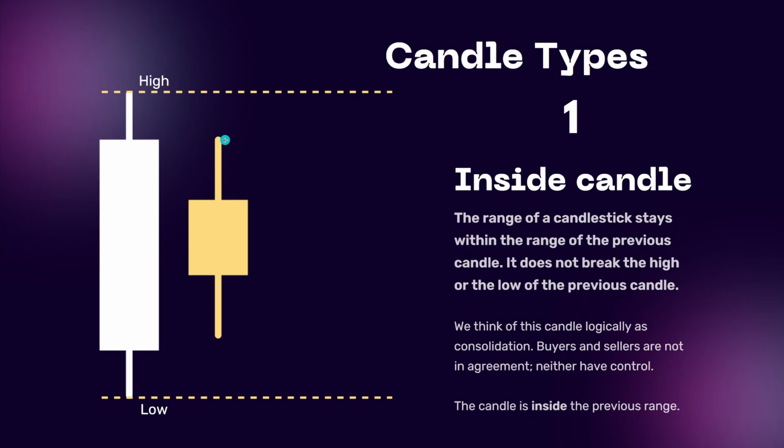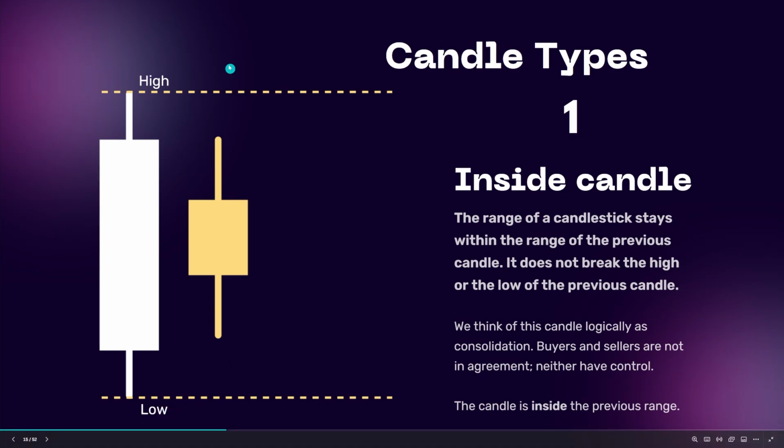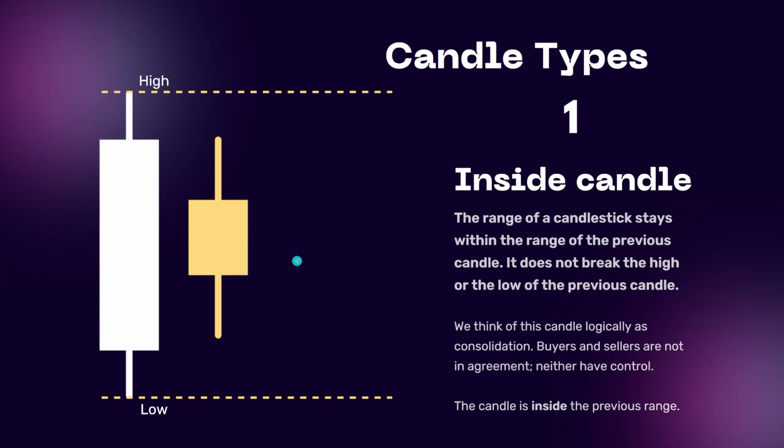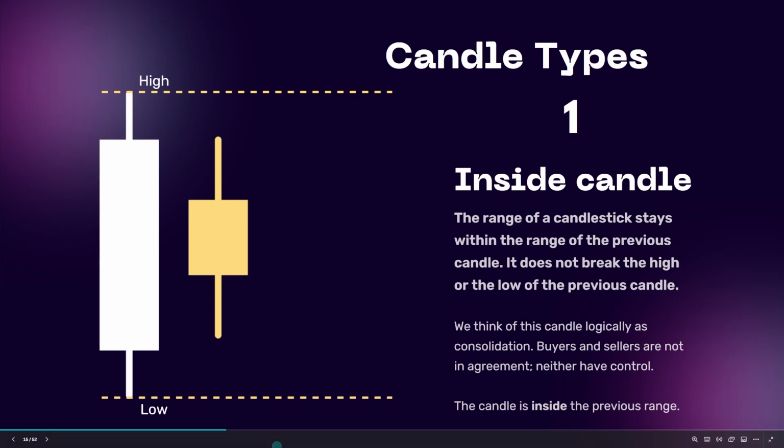In this case, the current day has neither broken the high nor the low of the previous day. We think of this as consolidation. This is also explained in the AutoStratic instruction booklet.